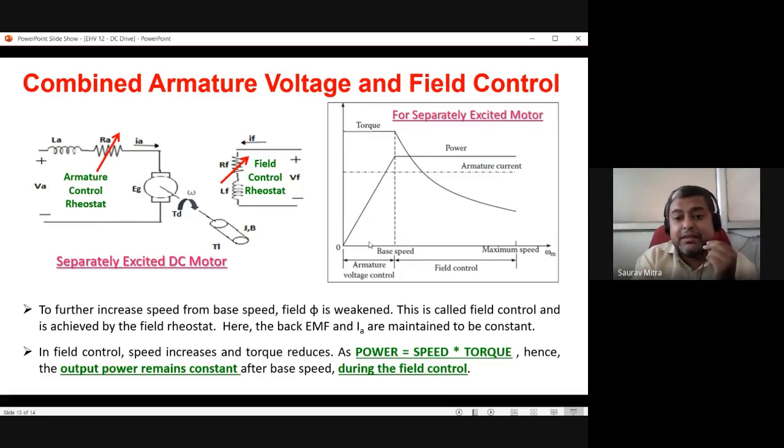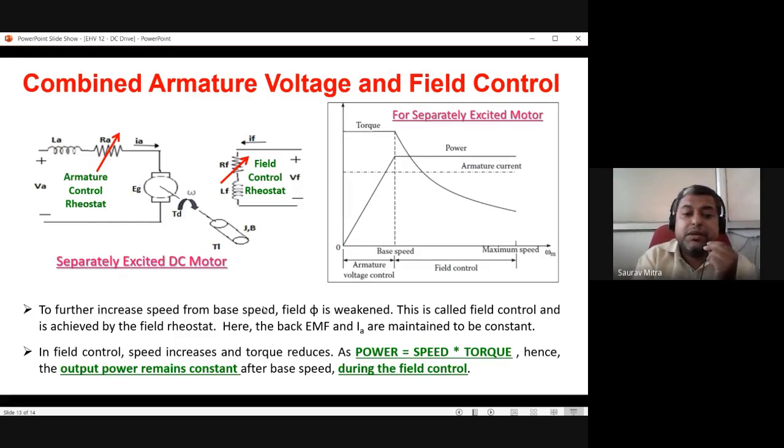So in this phase, when you are adding resistance in the field circuit, when you are weakening the flux, the power will remain constant, because torque is decreasing and speed is increasing. And here you are getting maximum speed. So we are getting the best combined armature voltage and field control. Below the base speed torque is constant, above the base speed power is constant.